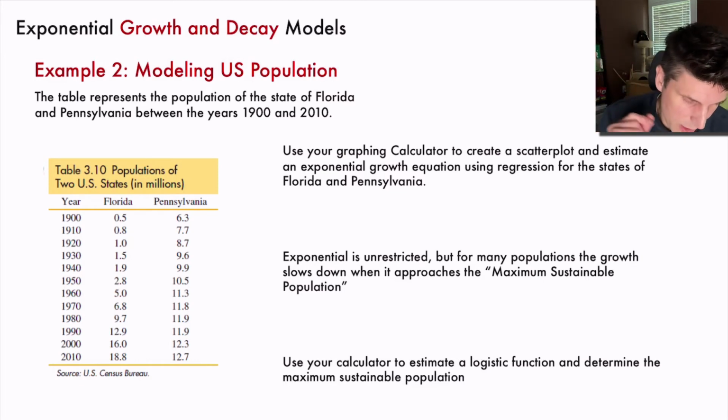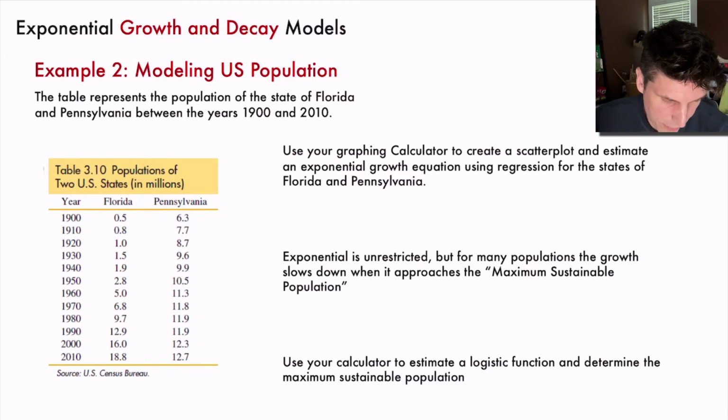All right, so it says the table represents the population of the state of Florida and Pennsylvania between the years 1900 and 2010. It says to use your graphing calculator to create a scatterplot and estimate the exponential growth equation using regression for the states of Florida and Pennsylvania.